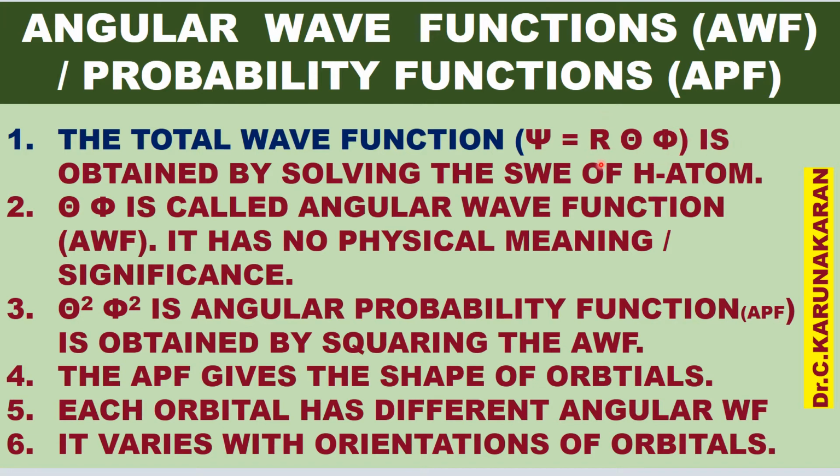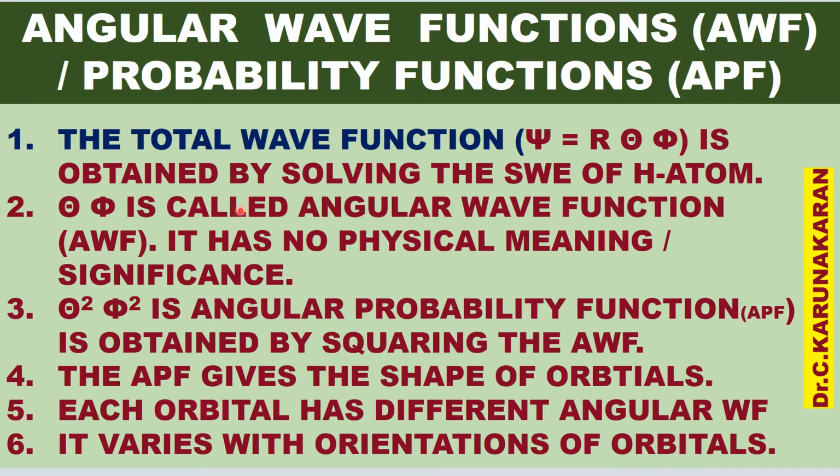Where R is the radial wave function, which we have already studied along with radial probability functions, etc. The product of capital theta and capital phi is called the angular wave function, or it is also called spherical harmonics. We have already studied this in the hydrogen atom problem.